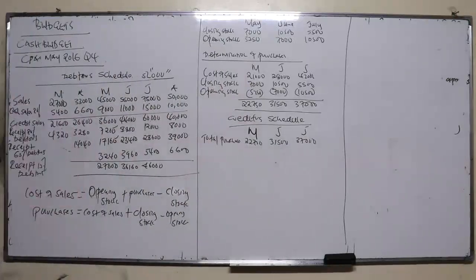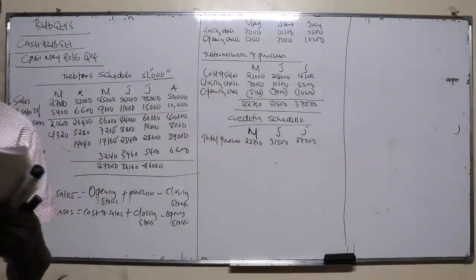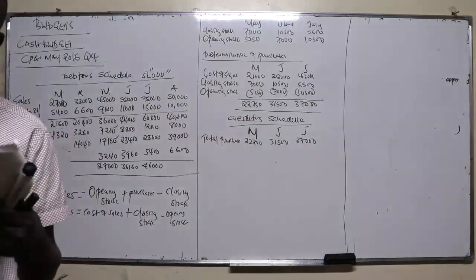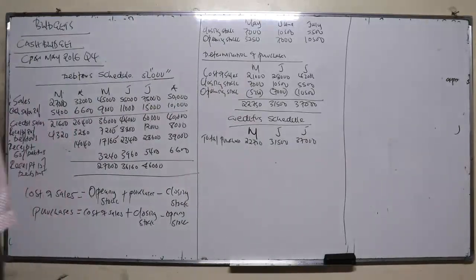Being told in note number 5, inventory purchases are paid for within 15 days. Therefore, 50% of the month's inventory purchases are paid for in the month of purchase, and the remaining 50% paid for in the following month. So you pay 50% in the month of purchase, and the other 50%. Accounts payable for inventory purchases as at 30th April 2016 total to.